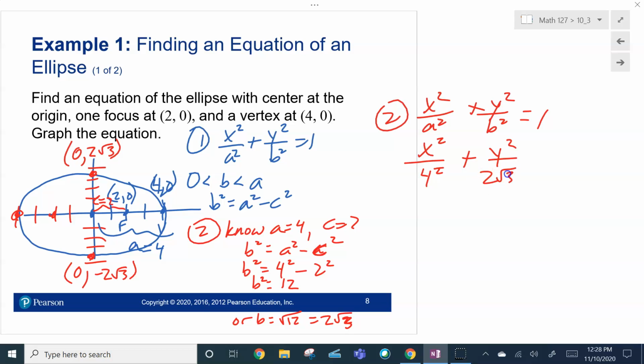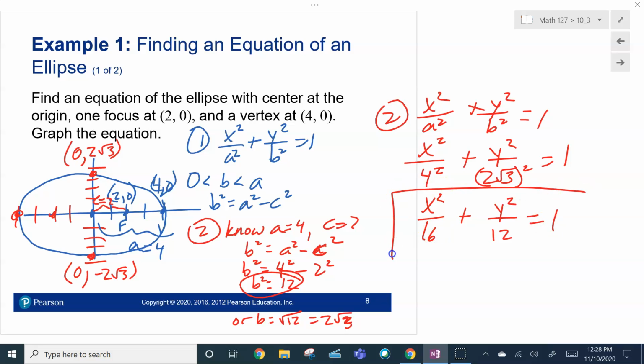If I square that, b squared is 12, and I've got 16. So we've got x squared over 16 plus y squared over 12 equals 1. That's our equation of the ellipse.